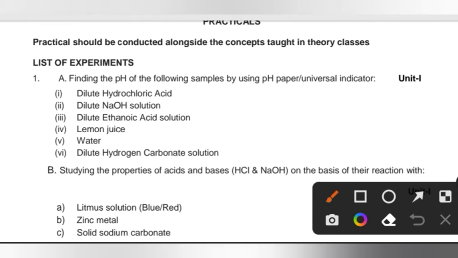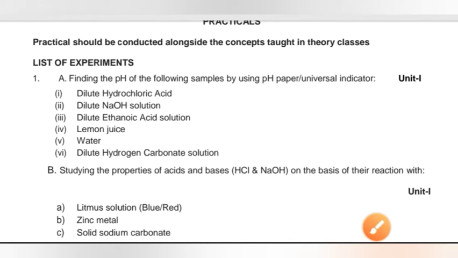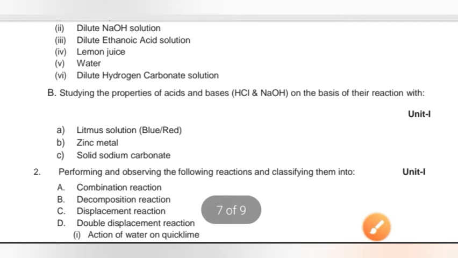This is the most important, because at least 10% of the examination questions were also asked from this. First: finding the pH of the following samples by using universal indicator paper, such as dilute hydrochloric acid, and studying the properties of acids and bases.